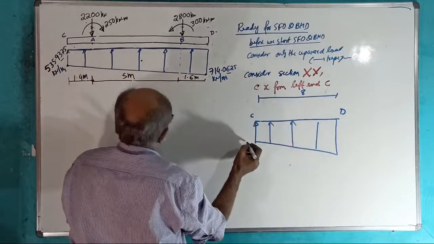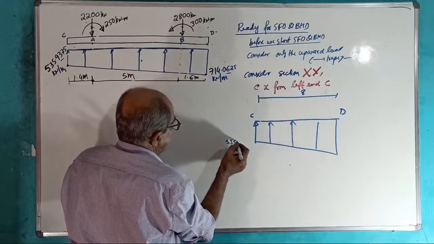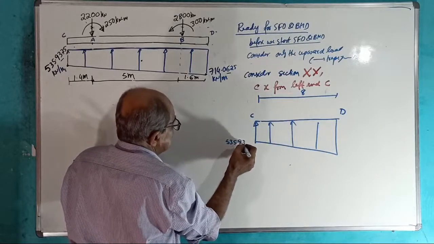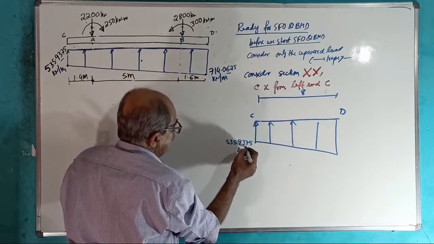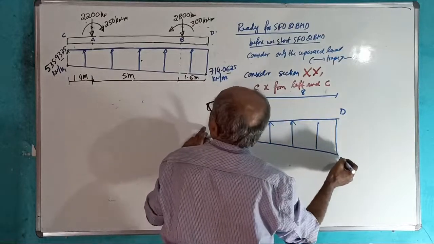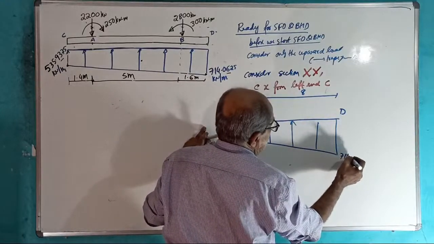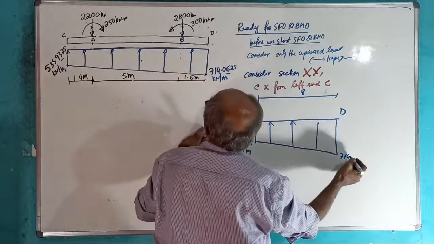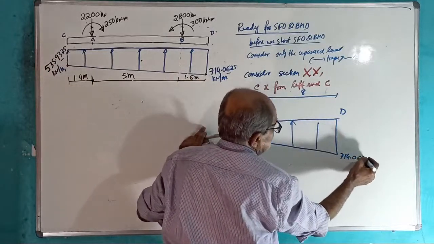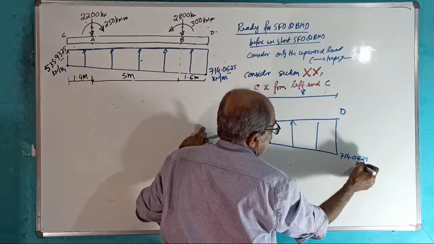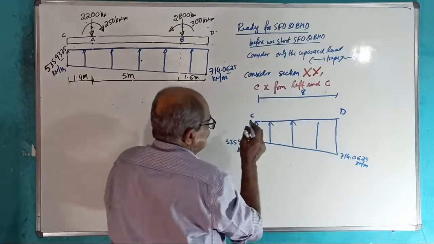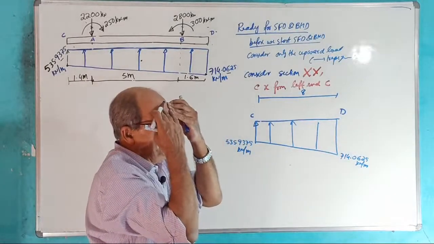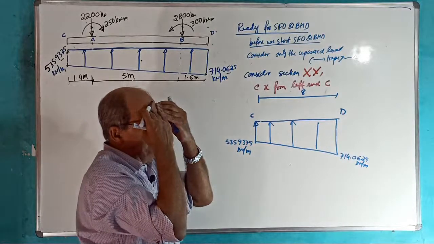This is 535.9375 kilonewton per meter, and this is 714.0625 kilonewton per meter. I am taking a random section.